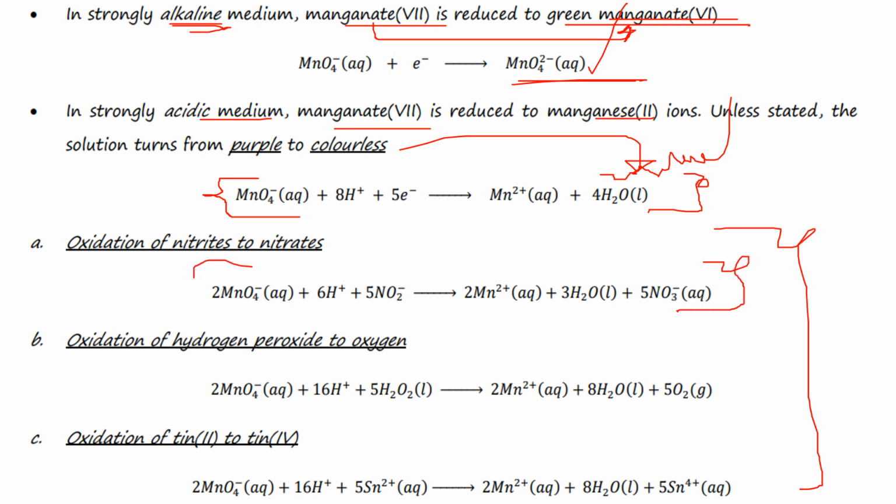To balance these equations, you follow the principles that I've already explained earlier on. So to save some time, I'll just let you pause the video and take down these notes about the redox equations, because we already covered them under the topic of redox reactions.